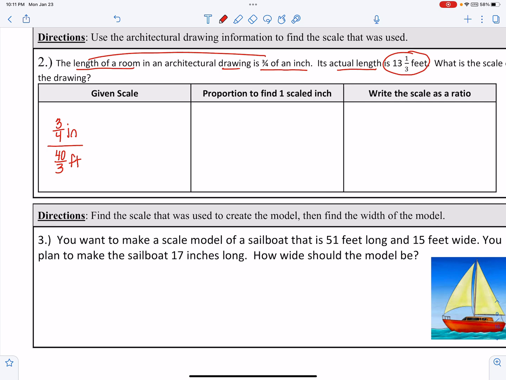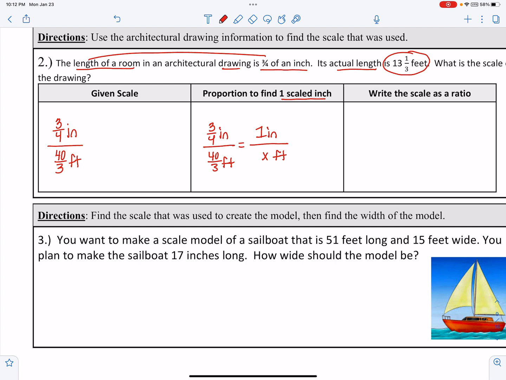Now I'm going to bring that over to find what the 1 scaled inch is, meaning for every inch, how many feet do I have? So we're going to do our 3/4 inches over 40/3 feet, and we want to know what the 1 inch is. And x is going to be our actual feet.